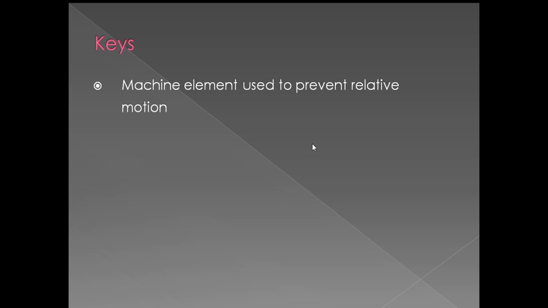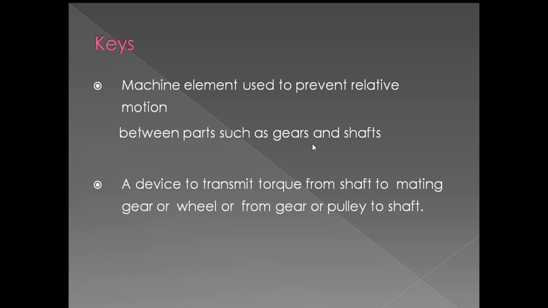This key is used to prevent the relative motion between the shaft and the external part. So the key is provided as a positive means of transmitting torque between the shaft and the hub of a mating element.